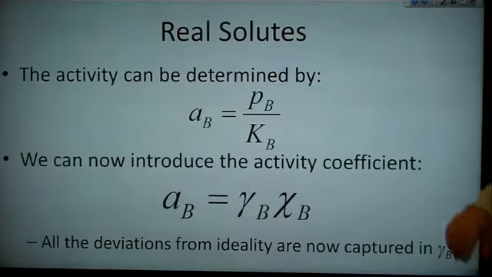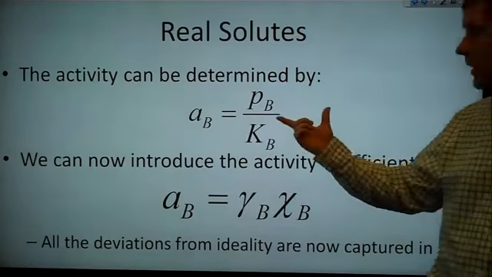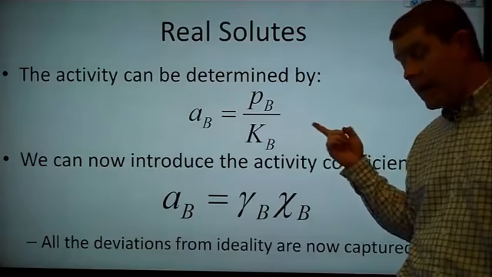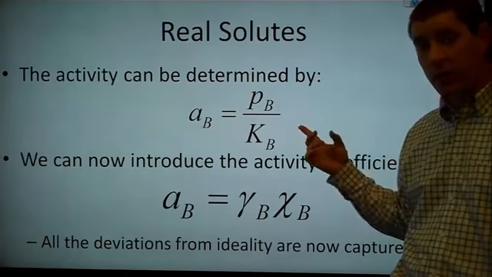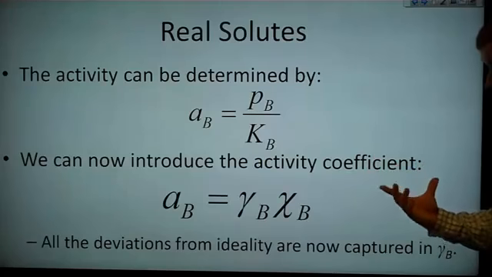It's all wrapped up here in the activity. And so now our activity can be determined by the vapor pressure of B divided by Kb, our experimentally determined Henry's law constant. And now we can introduce our activity coefficient.